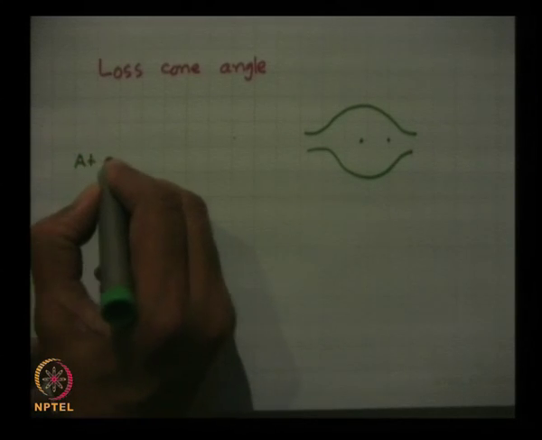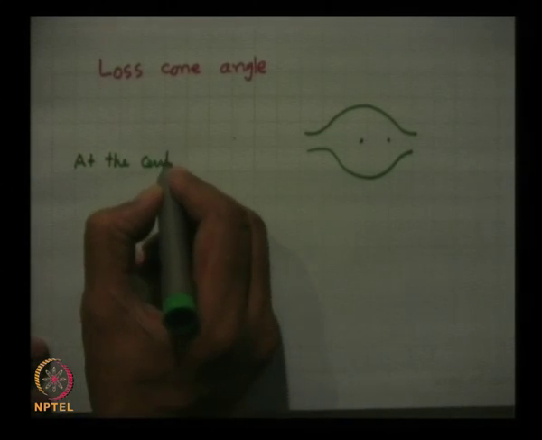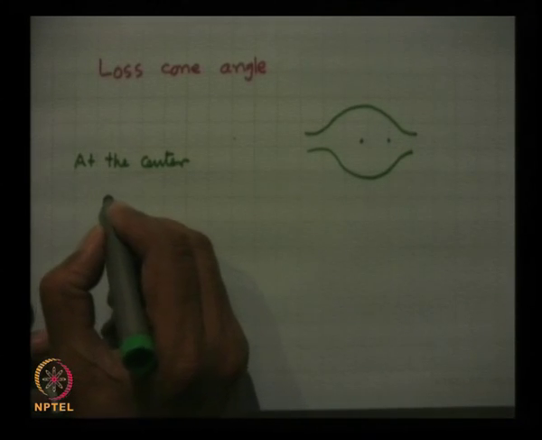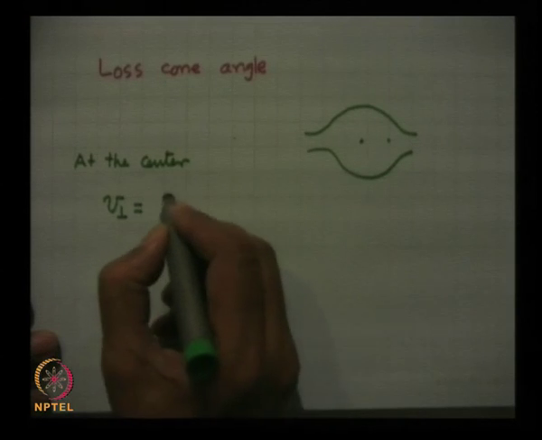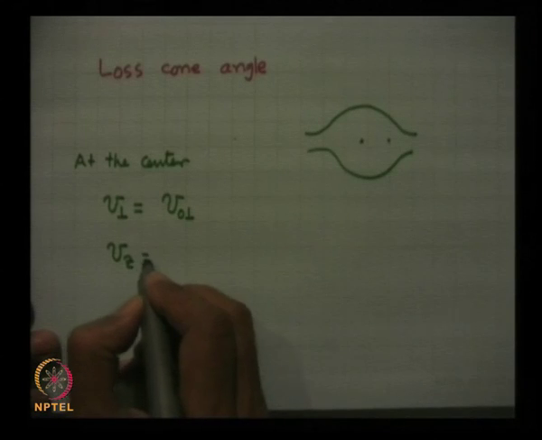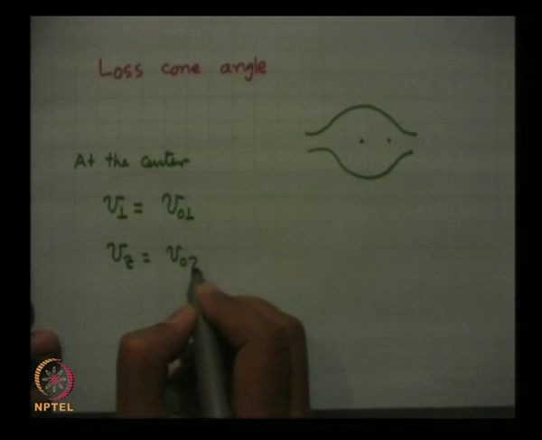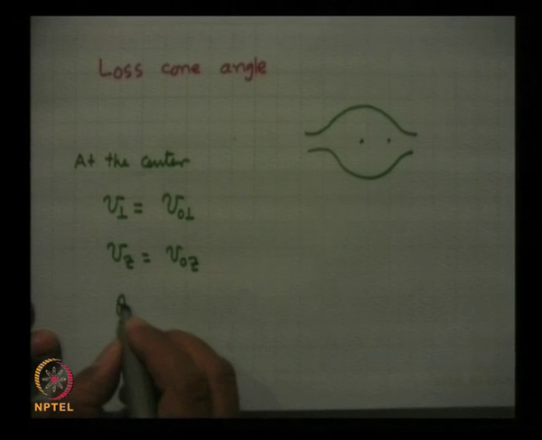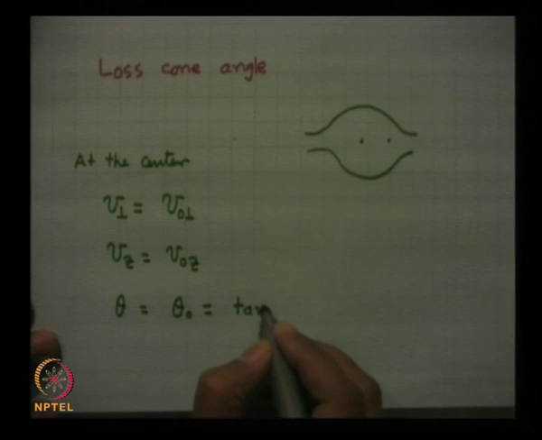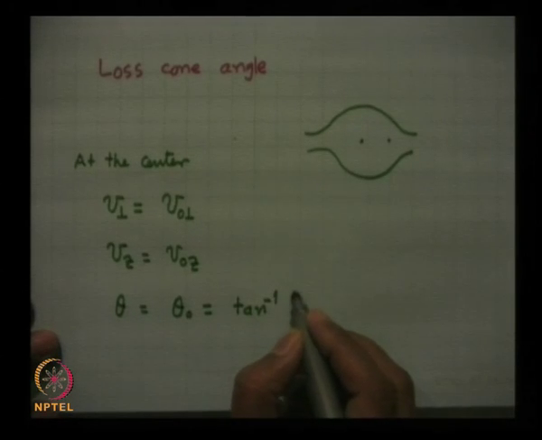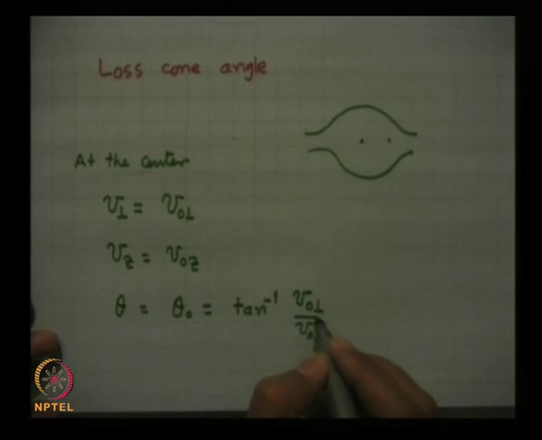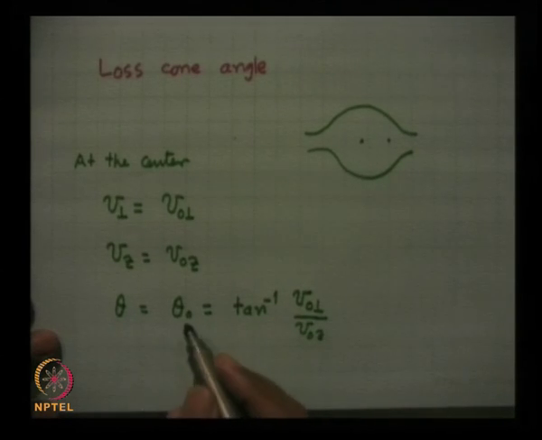At the center, we are saying that the electron has v perp equal to v0 perp, and it has vz equal to v0z, and theta, let me call it theta 0, which is equal to tan inverse of v0 perp upon v0z. This is my pitch angle.